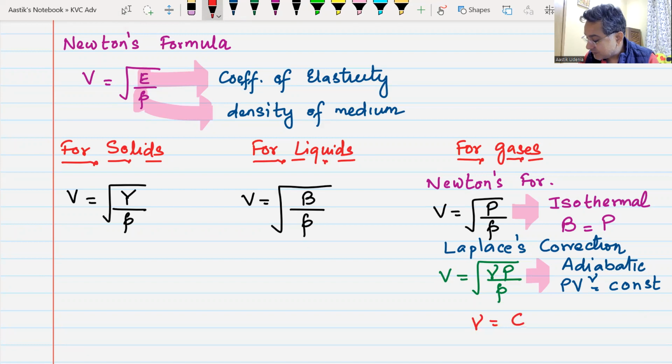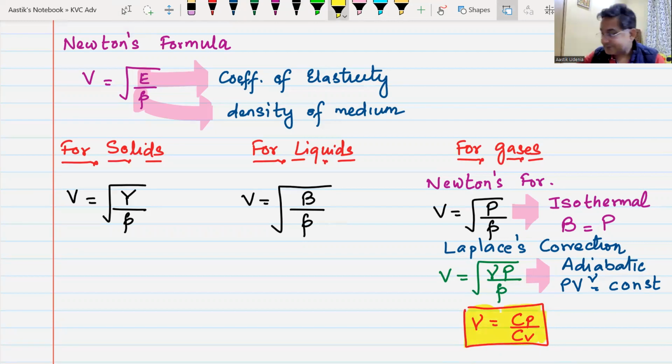Gamma is Cp by Cv. Ever heard about Cp and Cv? Okay, note it down, please. Gamma is Cp by Cv, ratio of specific heats, you can call it adiabatic constant or whatever. I give you 2 minutes to note this down. Once you are done, please let me know.